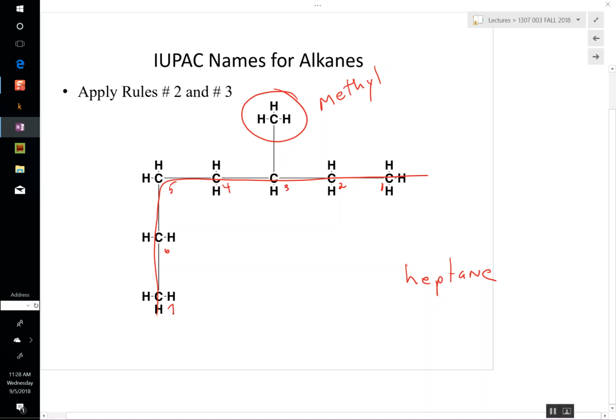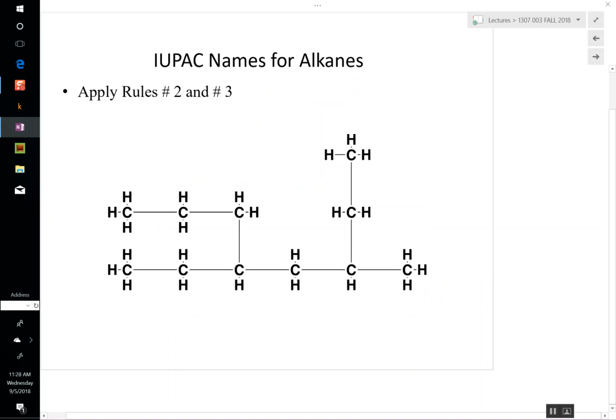That's the beginning of the chain. That's the end of the chain. That's a 7 over there. Okay? Rules 2 and 3 over here. Remember, we decided this was the longest chain. It says find and name the substituents.